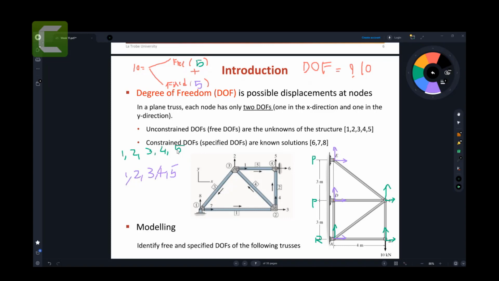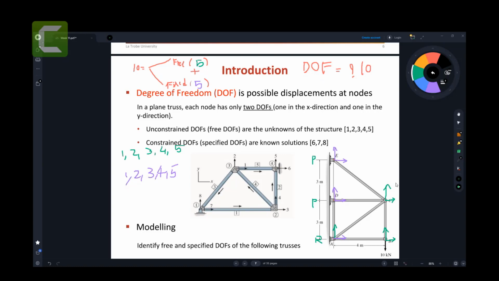Now the first 5, where does it go? Does it go with the green, the free, or do the first 5 go with the fixed? Based on the information which I have provided, which one is the numbering going to start with, free or fixed? Yeah, it's going to start with free.